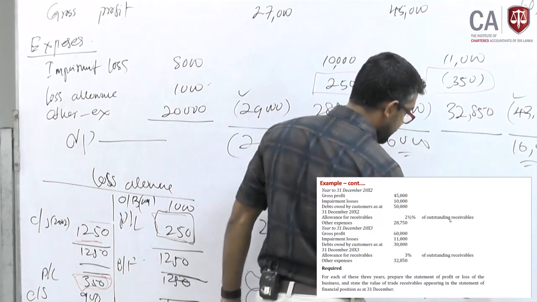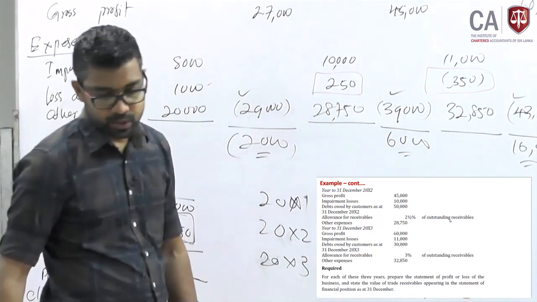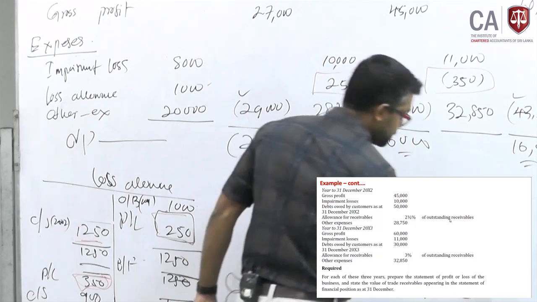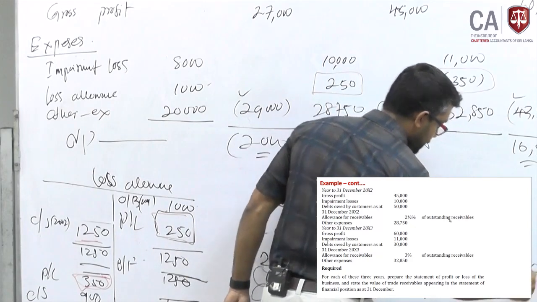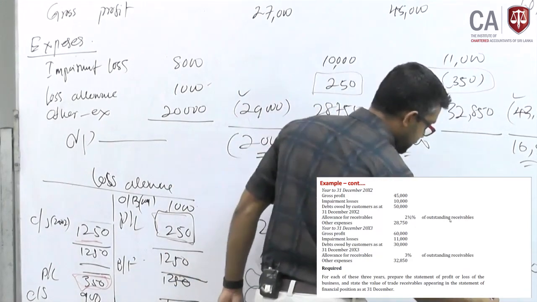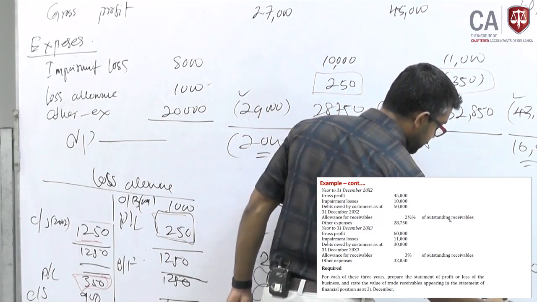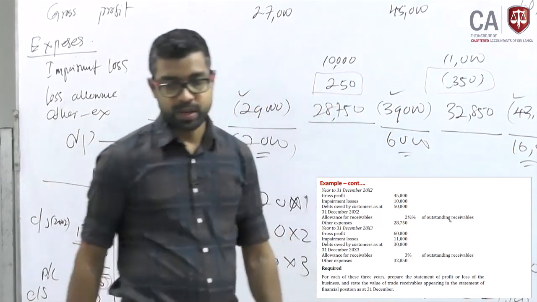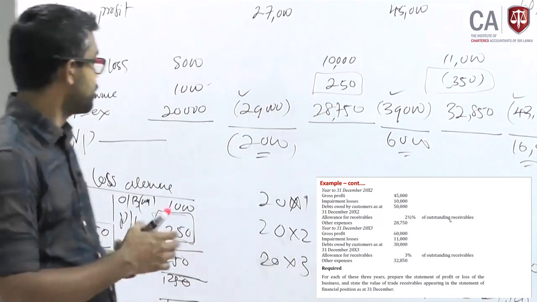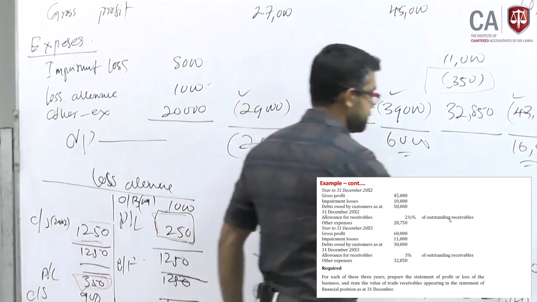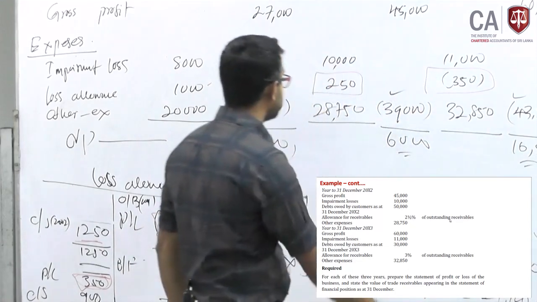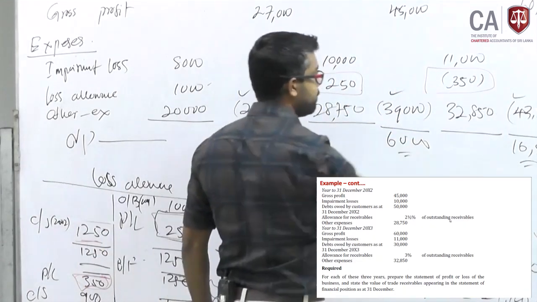Here 48,750. Third year 29,100. So these are the balance sheet figures. These are the P&L figures.